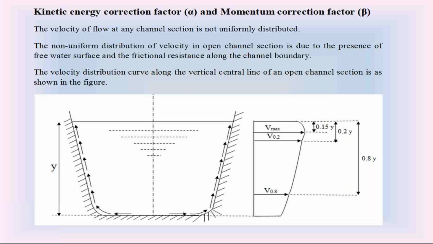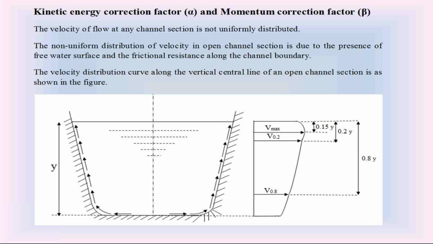Beta into the momentum of water flow in the open channel by using the mean velocity. So the actual linear momentum is equal to the momentum correction factor beta into the momentum of water flow by using mean velocity.